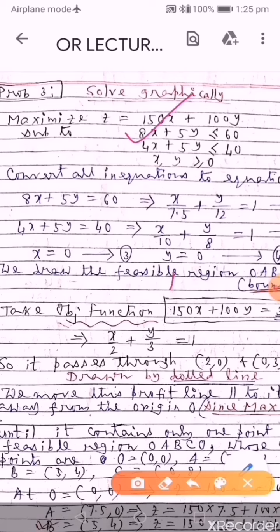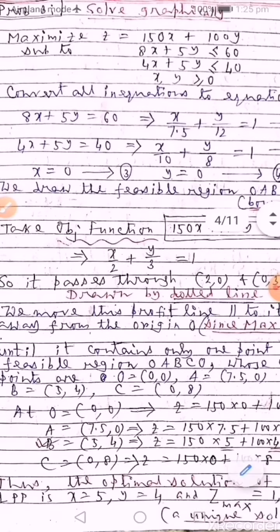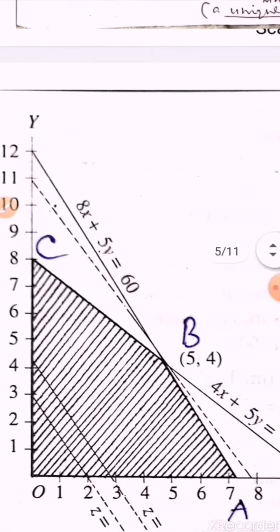But similarly, for the next inequation, 4x plus 5y less than equal to 40, if we put x is equal to 0, y is equal to 0, that means 4 into 0 plus 5 into 0 is equal to 0, which is really less than 40. So it will cover the region, entire region towards origin. And x, y greater than equal to 0, it simply means the positive part, that is the first quadrant only.